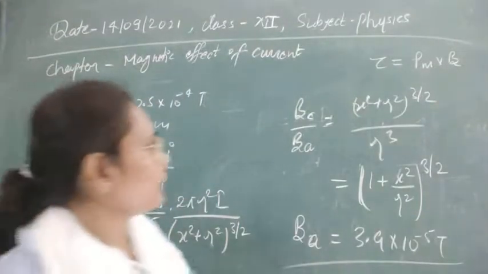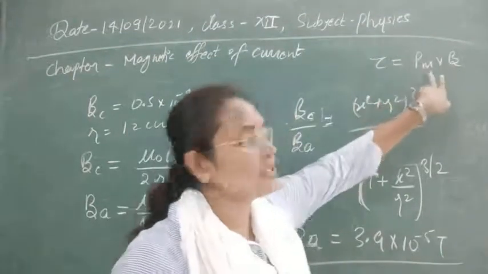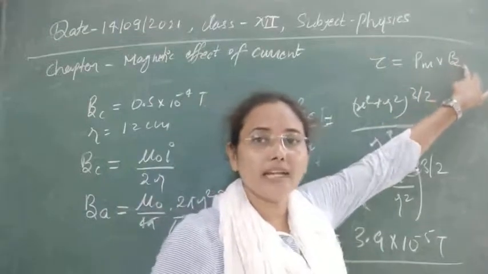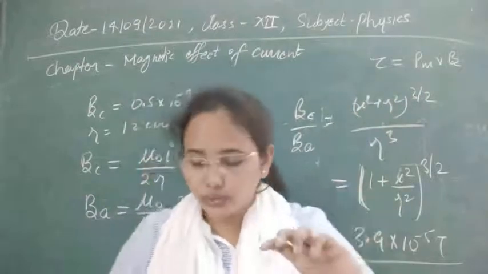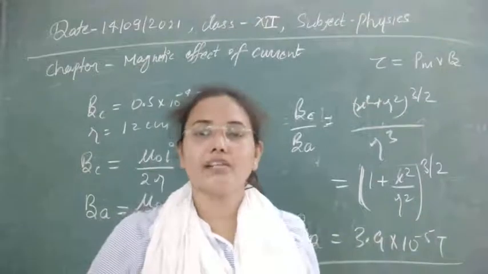So whenever any current carrying coil that has Pm as its magnetic moment is put in a uniform magnetic field B, it will experience a torque, and due to this torque the current carrying coil will start to rotate.